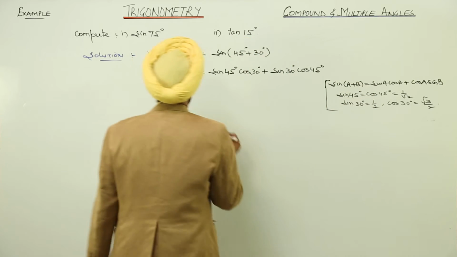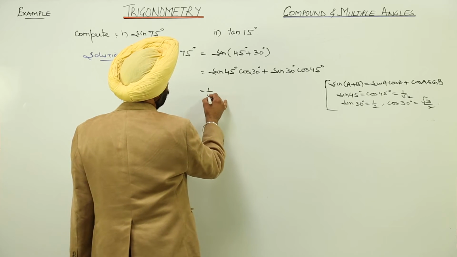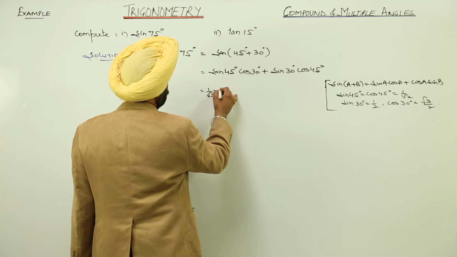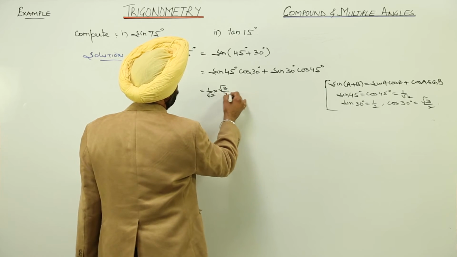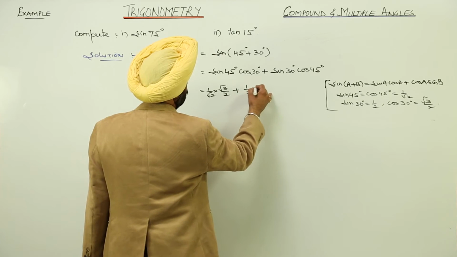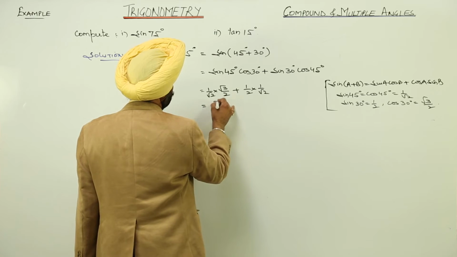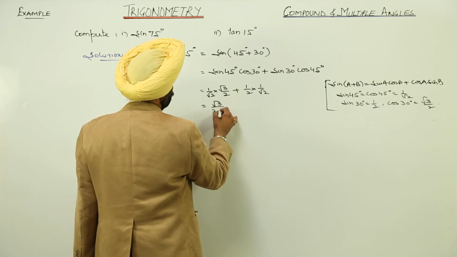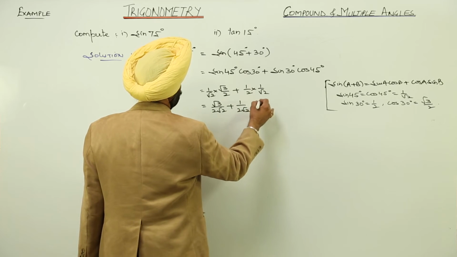Now 1 upon root 2 times root 3 by 2 plus 1 upon 2 times 1 upon root 2. Now this becomes root 3 upon 2 root 2 plus 1 upon 2 root 2.